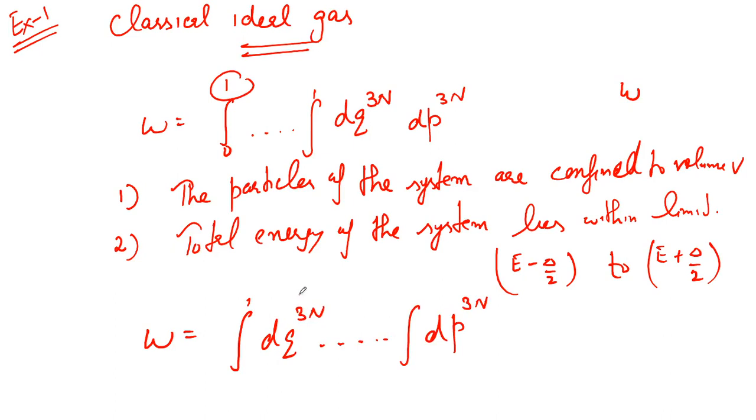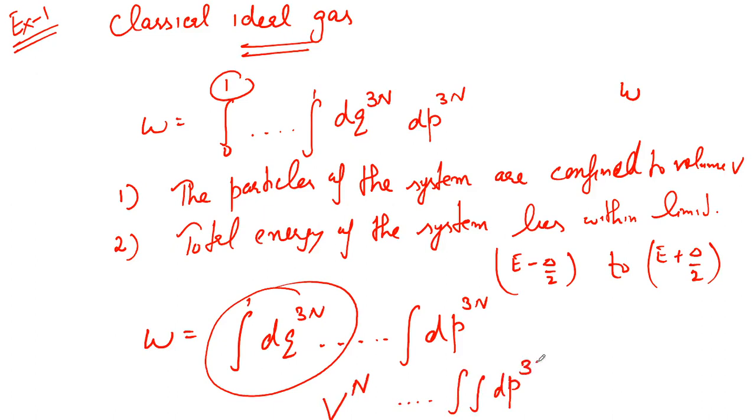The position coordinate for this phase space trajectory will be of the order of the volume which is confined, and the integration is dependent upon dp^3N, where dp is the change in momentum, and this integration applies within the limit, that is from E minus delta by 2 to E plus delta by 2.